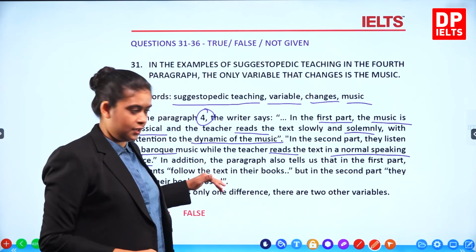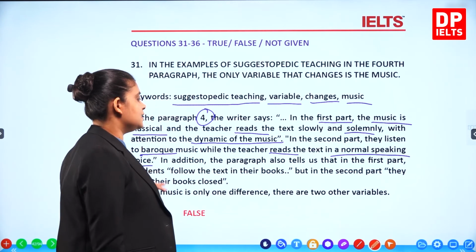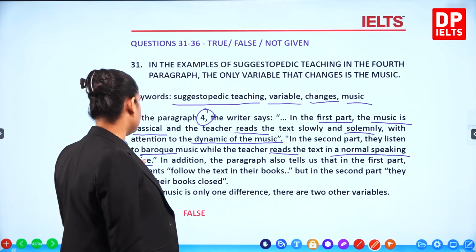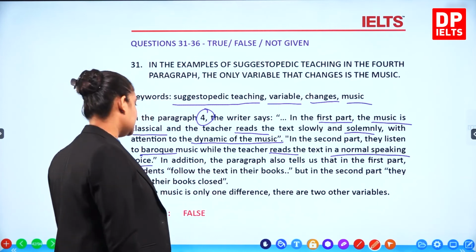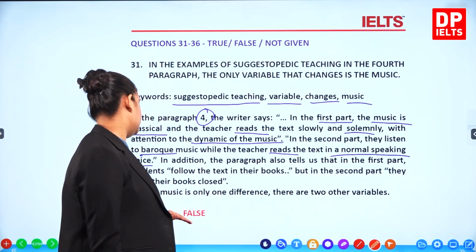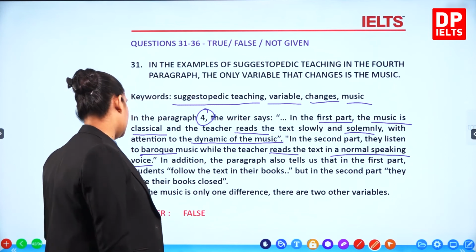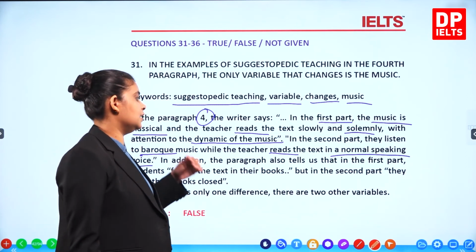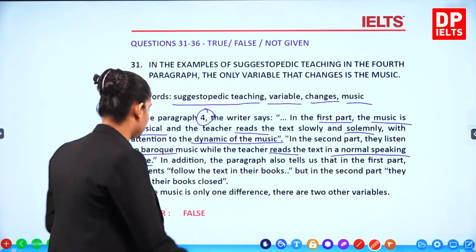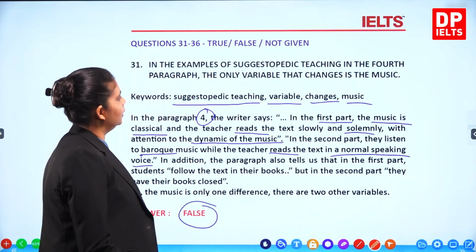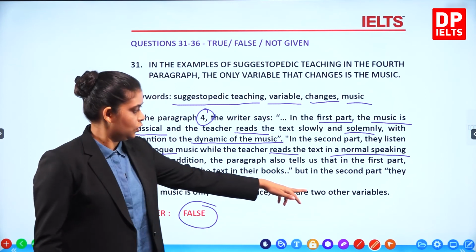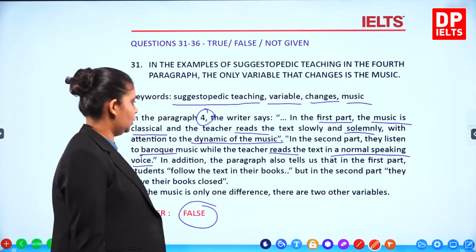So in addition, the paragraph also tells us that in the first part, students follow the text in their books. But in the second part, they have their books closed. So I would say music is only one difference. There are 2 other variables. So the answer would be false. Okay, only one variable? No, there are 2 variables. Okay.